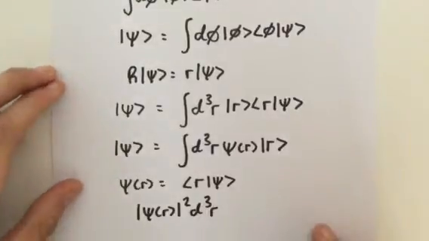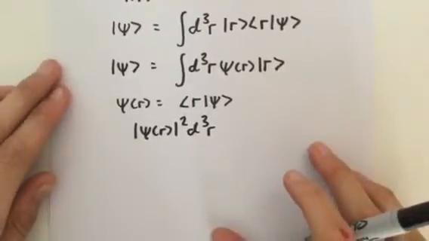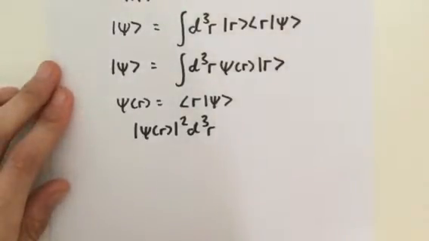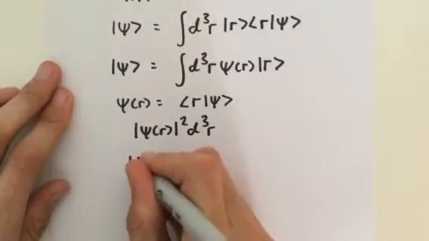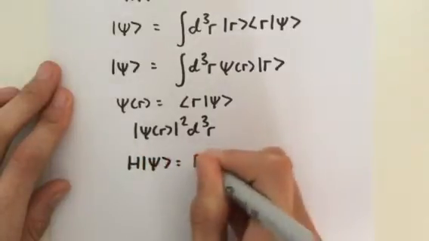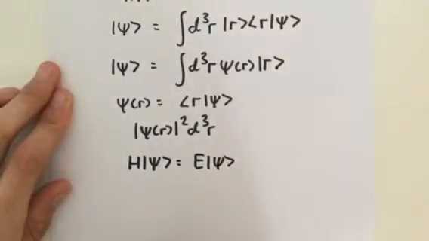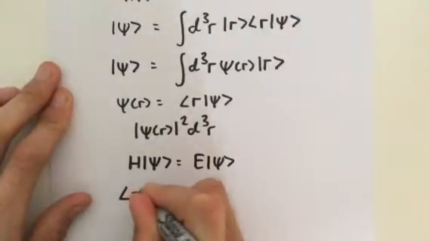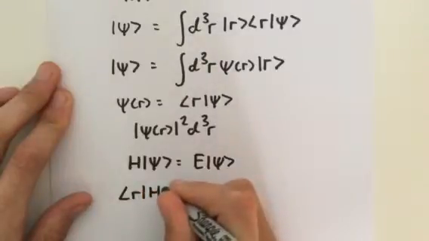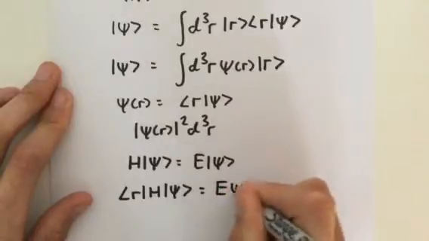Now let's look at this in terms of the wave function, psi r. We know the time-independent equation has the form H, the Hamiltonian, of psi is equal to E psi. Yes, we know that. But we can write it in terms of the wave function.